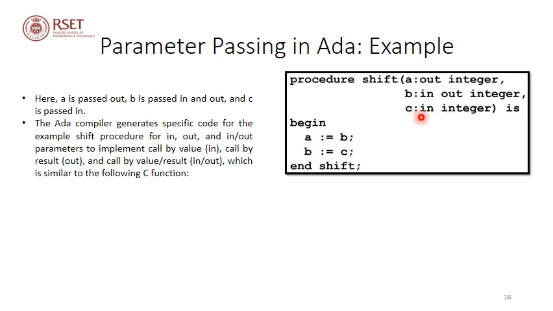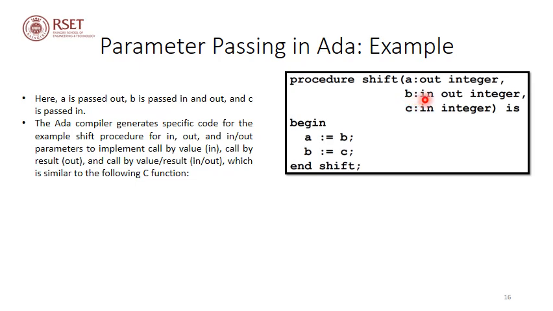So in the case of in parameter, it is same as call by value. That means the value of the actual parameter, when the function shift is called, will be copied to C. But whatever changes that are made to C will never be copied back or seen in the caller. Then we have an in-out parameter B. So in the case of in-out parameter, it is just the same as call by value result.